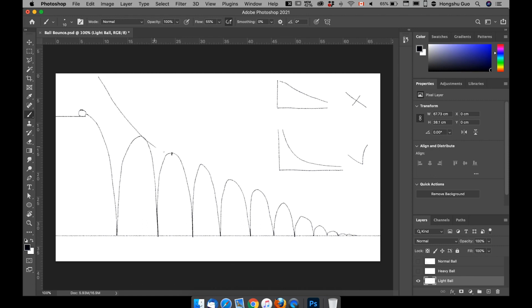So if I draw a line here, this is my decay curve.